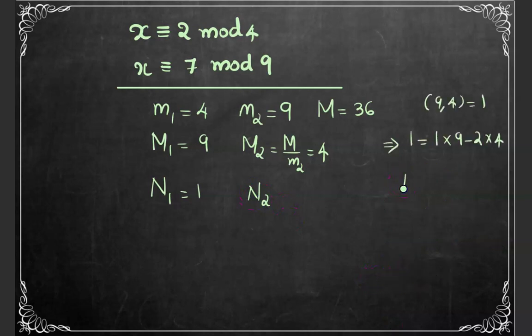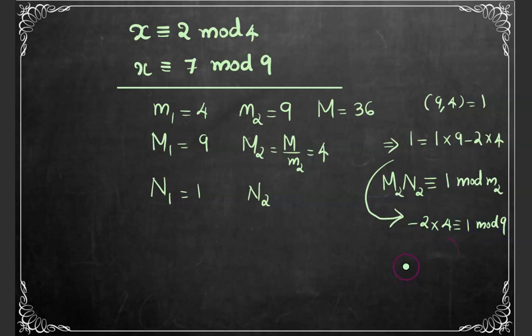that is, n2 is the multiplicative inverse of capital M2, that is, n2 must satisfy the relation M2 n2 congruent to 1 modulo small m2. So here we can see that the above expression implies that minus 2 into 4 is congruent to 1 when considered modulo 9. So we can take n2 as minus 2 when we consider it modulo 9, or we can write n2 as 7 also.